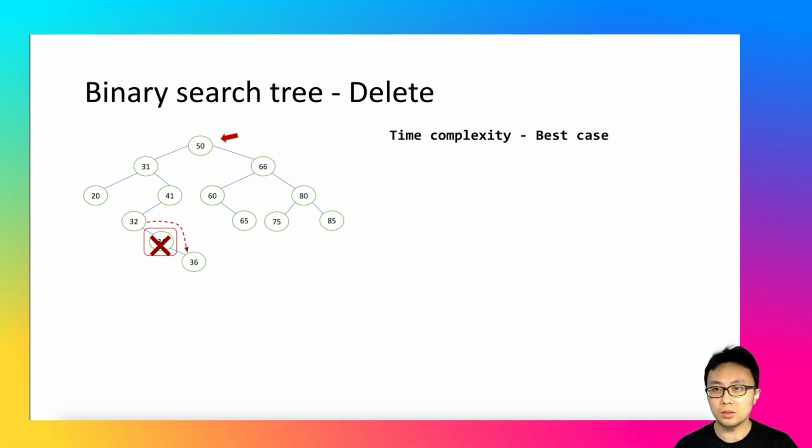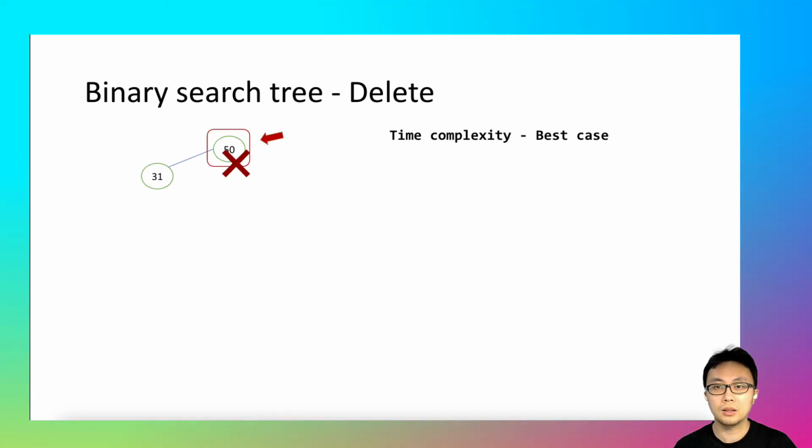What about the best case scenario? If you don't account for the time it takes to search for the target node, the delete process is typically fast enough to be big O of 1, like this example that you see here on the left. Otherwise, you will need some special example to reduce the time it takes to search for the target node to a constant amount of time, like this example that you see here.